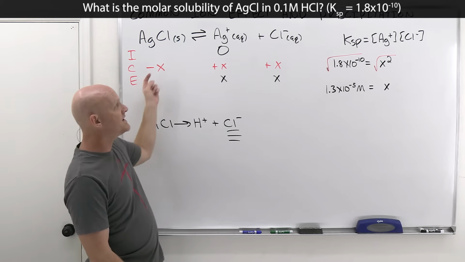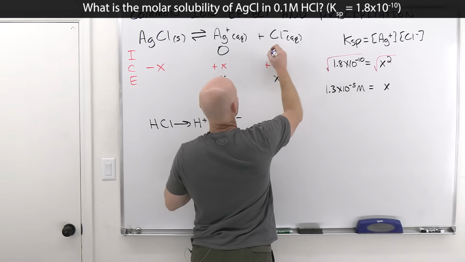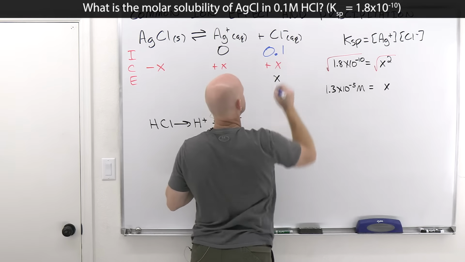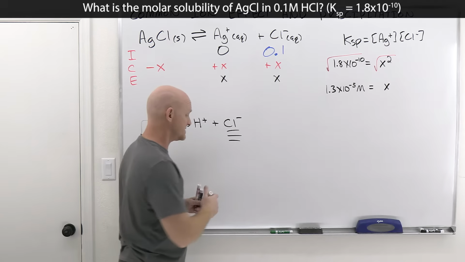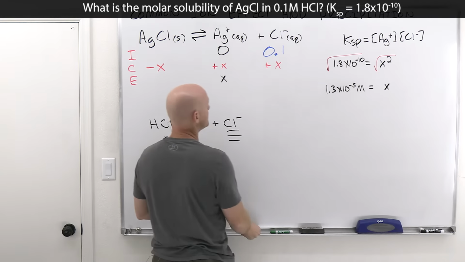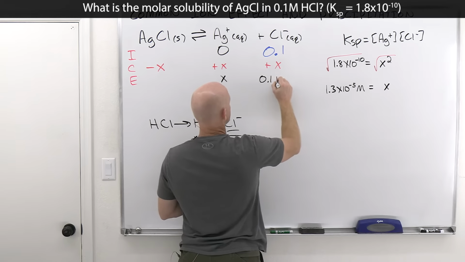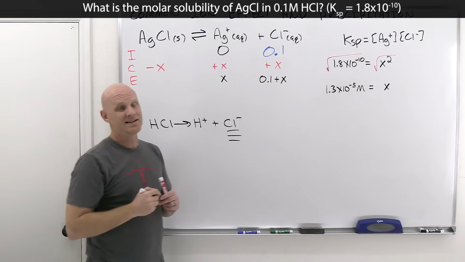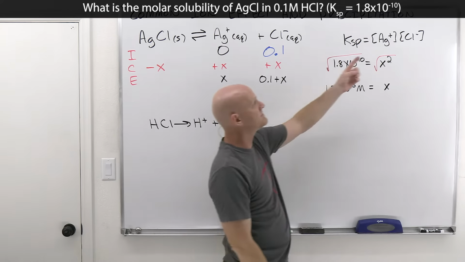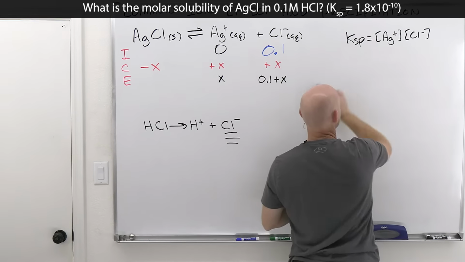So before any AgCl even dissociates, we already have 0.1 molar chloride in our solution. We'll still get an additional amount X, so at equilibrium, the chloride is 0.1 plus X. And so we can't simply plug X in for the chloride ion concentration anymore like we did the last time.